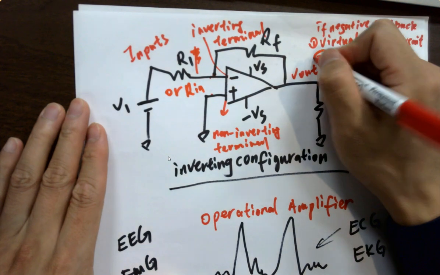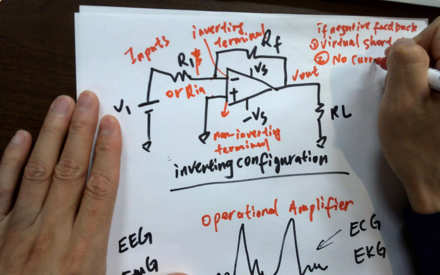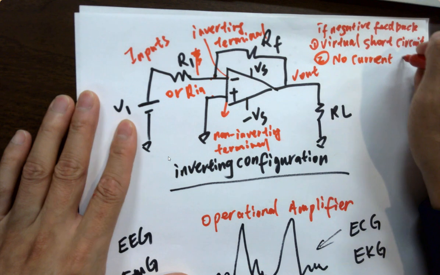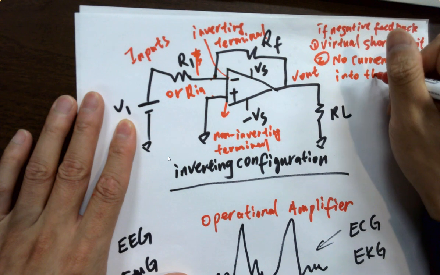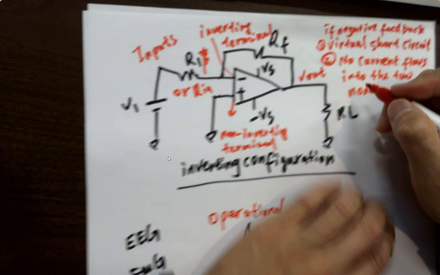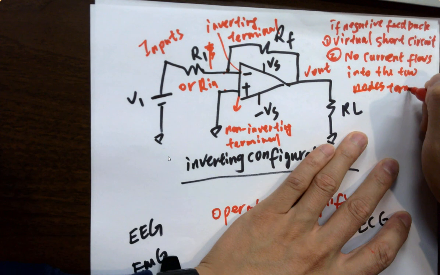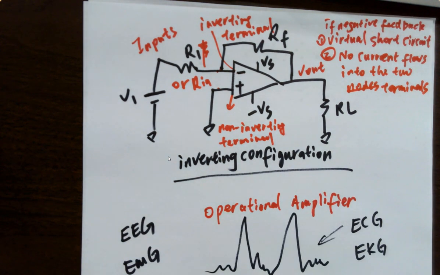The second thing you have to know: no current flows into the two nodes. The two terminals, sorry. No current flows into the two terminals.